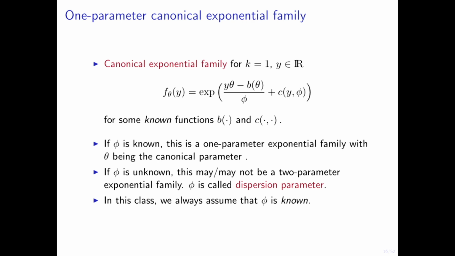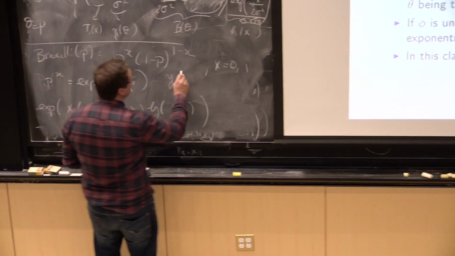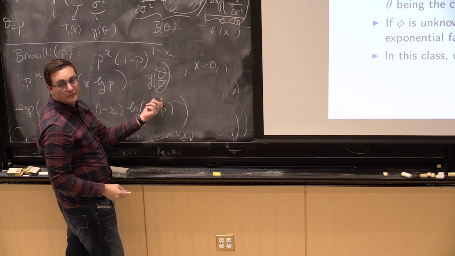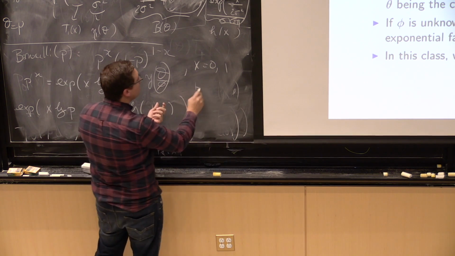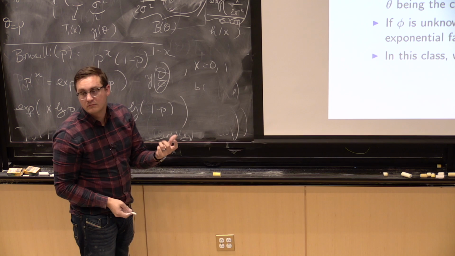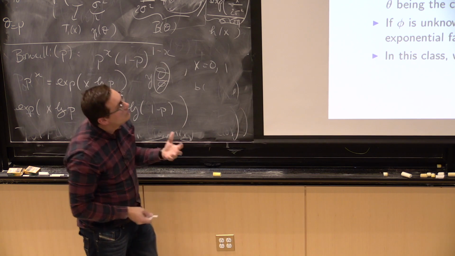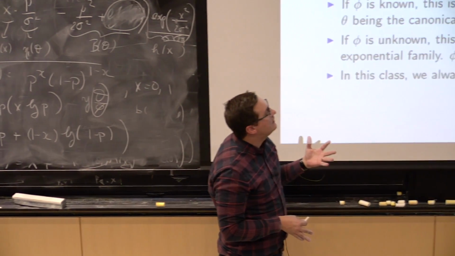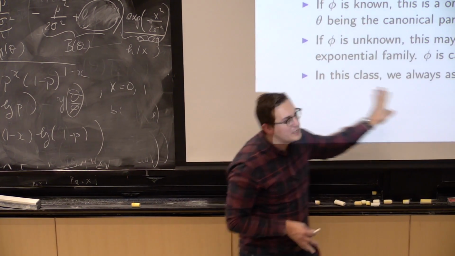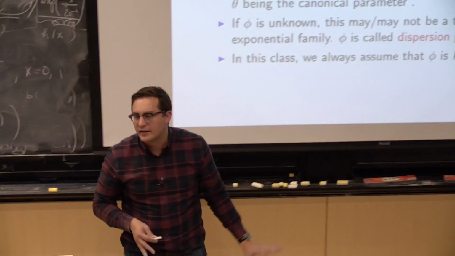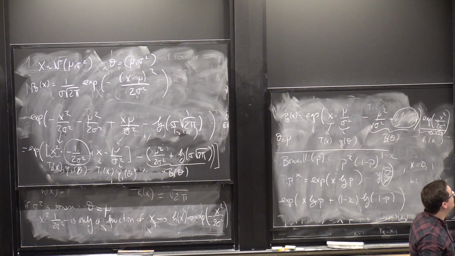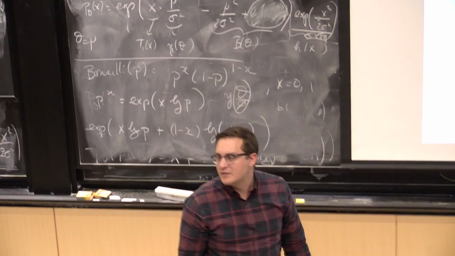If phi is unknown, then theta over phi has to be my new parameter, and b might not be a function of this new parameter. But this is not really a concern, because throughout this class we're going to assume that phi is known. Phi is going to be known all the time, which means that this is always an exponential family, and it's just the simplest one you could think of.